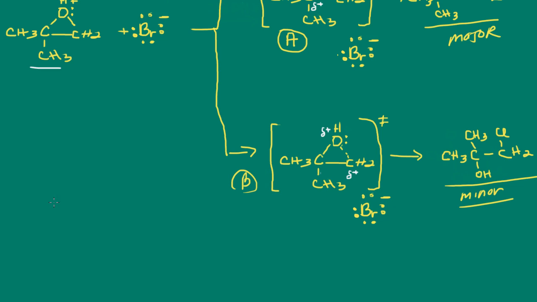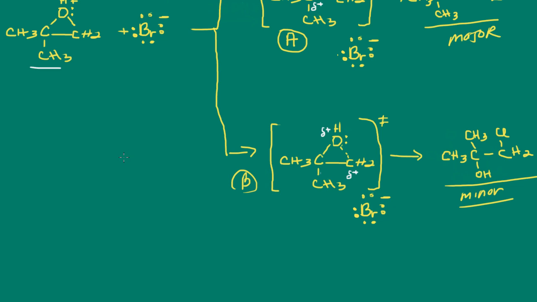So for nucleophilic substitution of an epoxide under acidic conditions, we say that the reaction is partially SN1 and partially SN2. It's not a pure SN1 and it's not a pure SN2 reaction. Think about it.